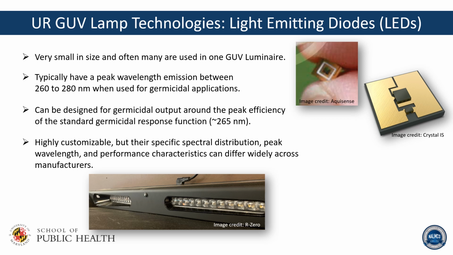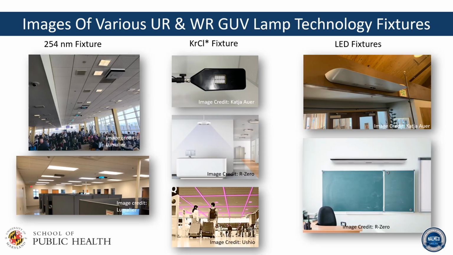These images show examples of various upper room and whole room GUV lamp technology fixtures. On the left, we see the 254 nanometer fixtures, which are the low pressure mercury lamp type of fixtures. In the middle, we see the krypton chloride fixtures, also known as excimers. And on the right side, we see images of LED fixtures.